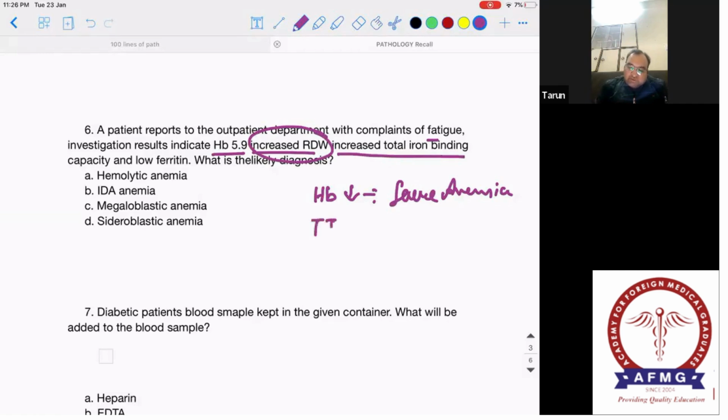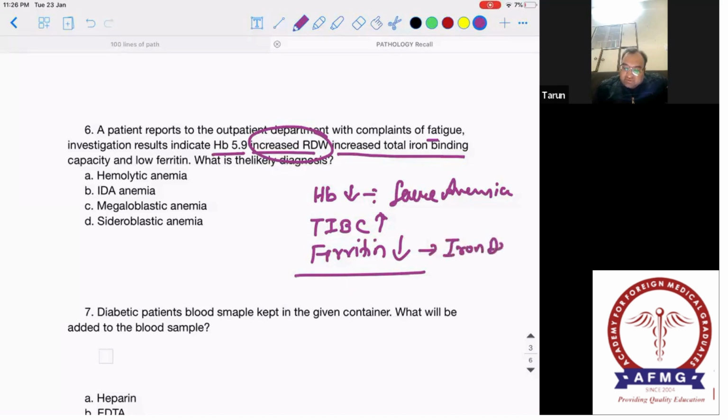So if TIBC is increased and the ferritin is low or decreased, and I told you earlier also, if you remember my classroom teachings, that if ferritin is low, it is depicting that the iron stores are less. Okay, and if iron stores are less, that means it's an iron deficient condition. So this is fitting into iron deficiency anemia.